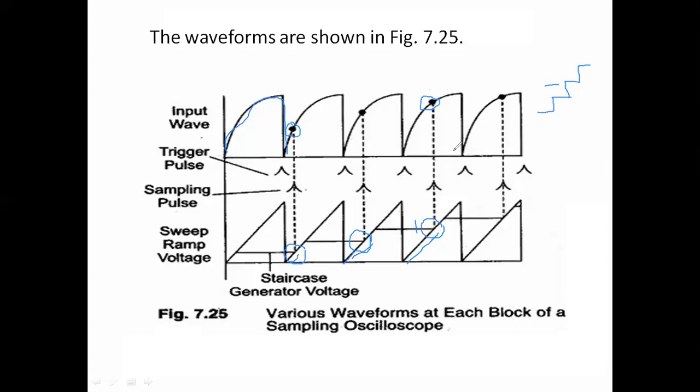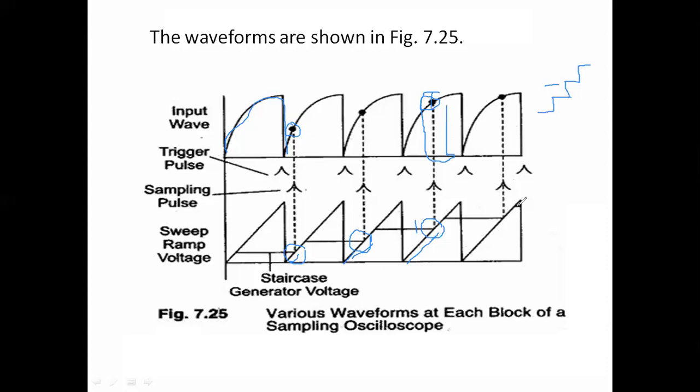Like that, depending upon the comparison of the staircase and the ramp signal, the sampling pulses will be generated, and depending upon these applied sampling pulses, the input waveform will be collected in the form of samples. So at this point, we will get only this particular pulse time. We have this voltage. Suppose this is another staircase input.